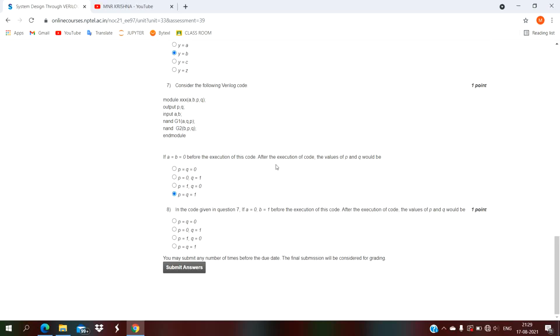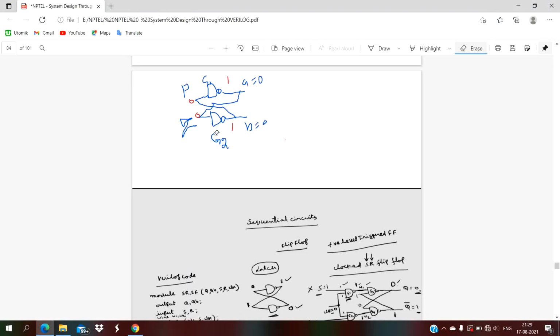Here it is asking, after the execution of the code, what the values of P and Q would be. So for one time of execution, sorry, A is nothing but 1.